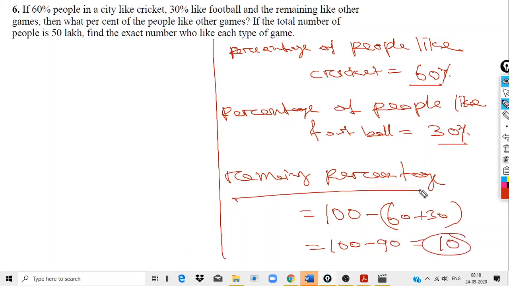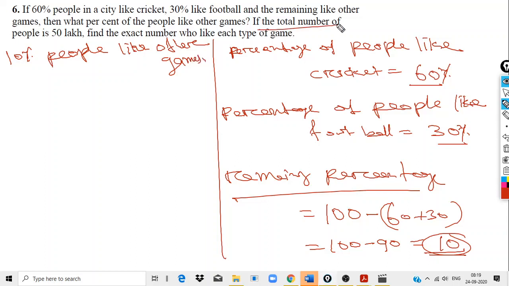So the remaining percentage is 10. It is asking what percent of people like other games? 10% of people like other games. You can write 10% people like other games.